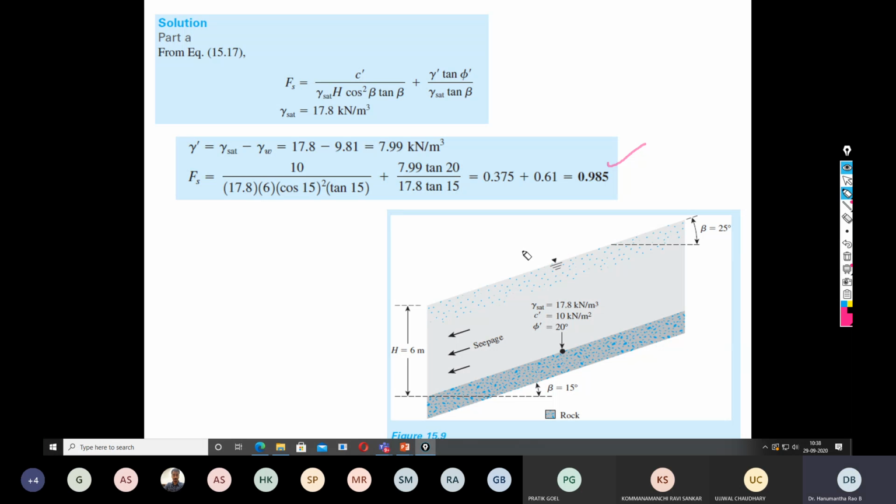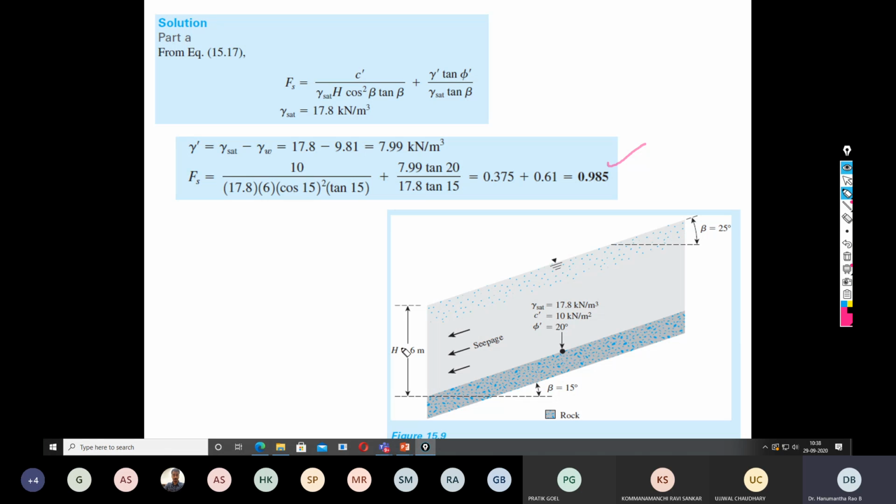Although there are several parameters which are influencing the factor of safety value, they do not all have the same significance for a geotechnical engineer.